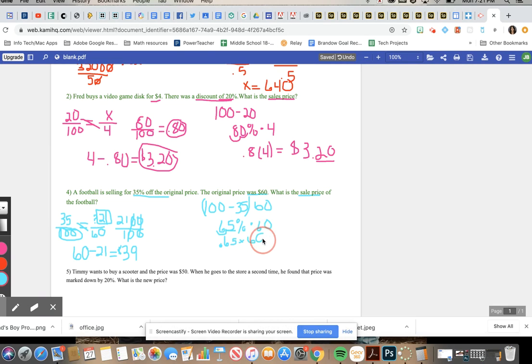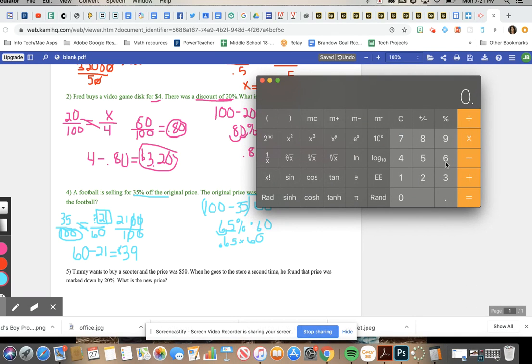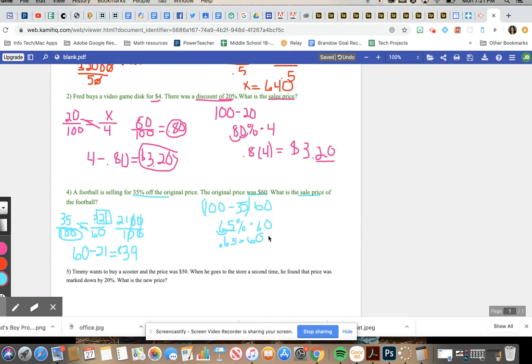And I should, again, end up with $39. So let's check. 65 times 60 is 39. $39.